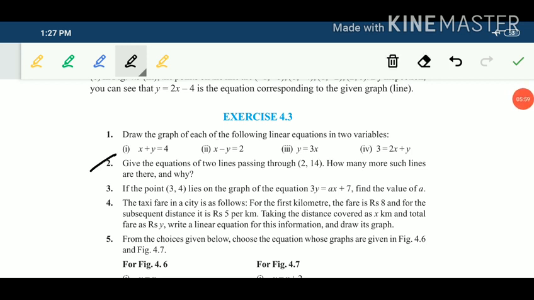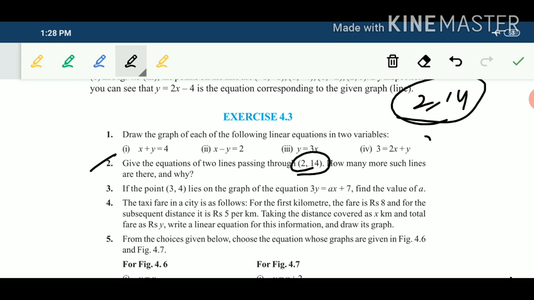Second question is: give the equations of two lines passing through the point 2 comma 14. Now the point is given, you just have to find the equations. So x value is 2 and y value is 14. Write any two equations related to this point.